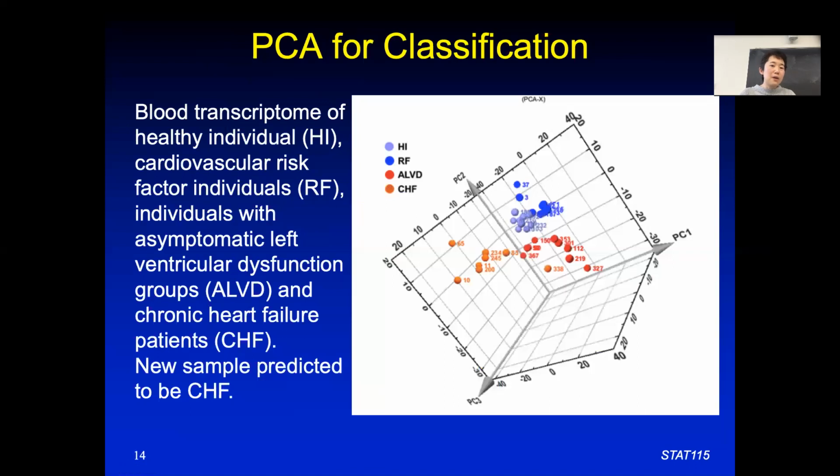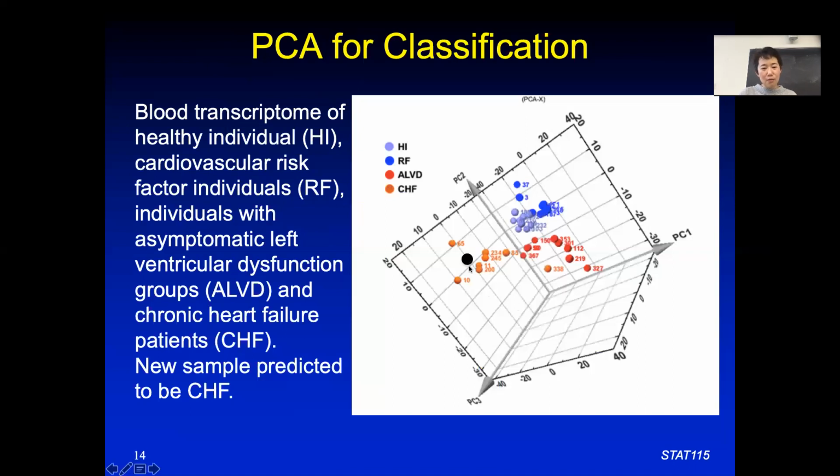Principal component analysis can also be used as a way for dimension reduction and clustering. And you can imagine if you have a new sample coming in, you can also put it in this clustering and see whether it's cancer or normal, or in this case, whether it's a healthy individual or they are going to the ER. Okay? So supposedly you have a new sample here.